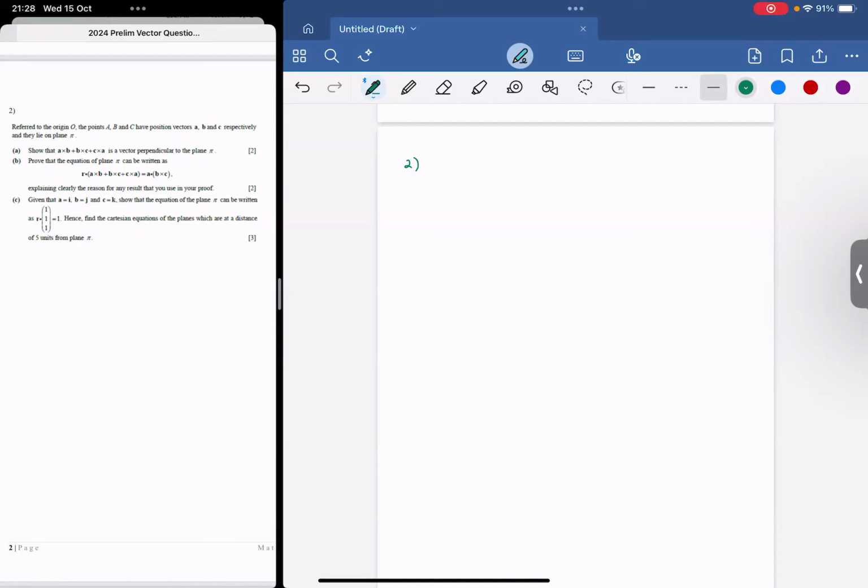But how do you show it? What you need to do is to show that this thing dot the direction vector of the plane must get 0, correct? Perpendicular means 0, so you have to try to form it out.